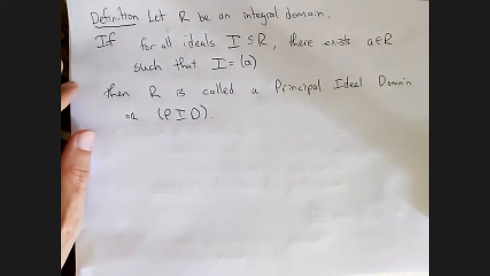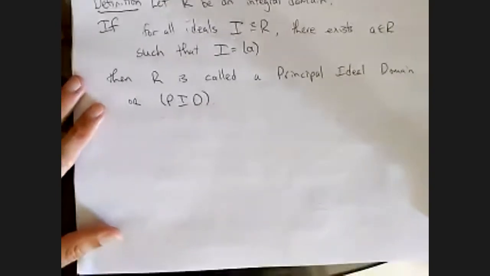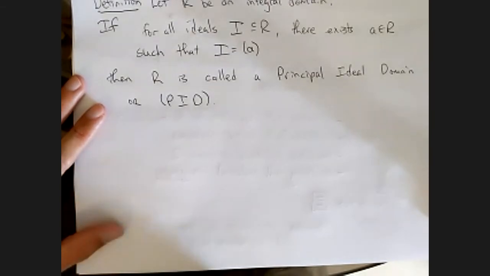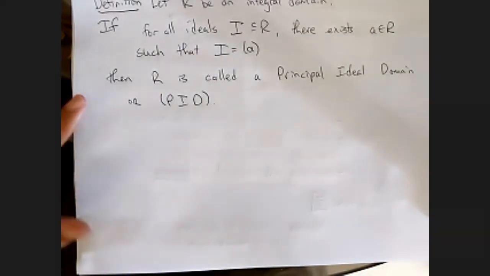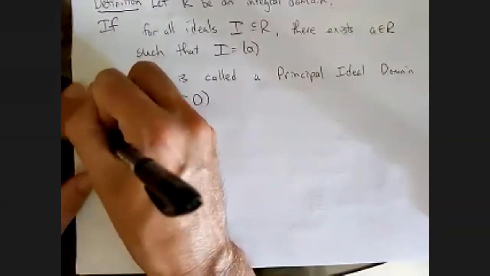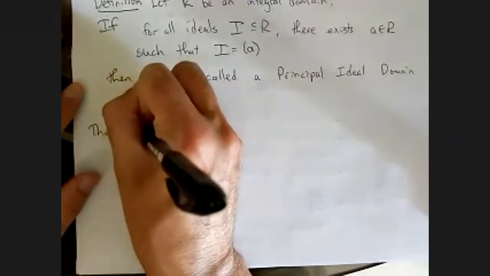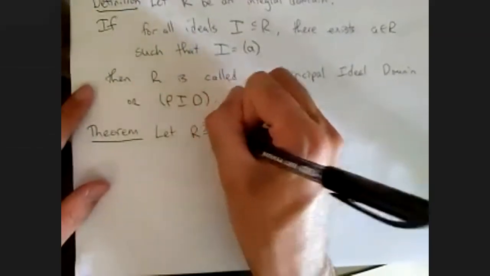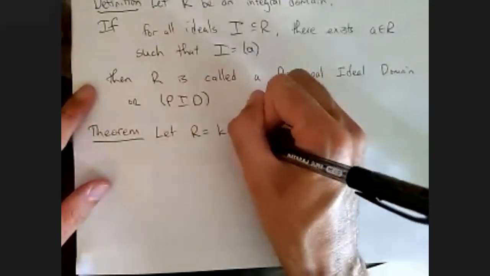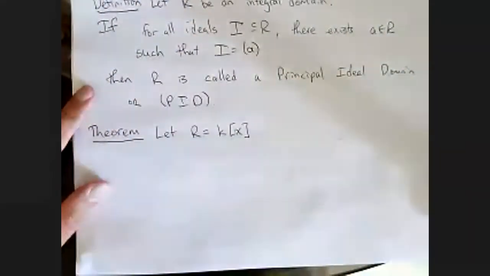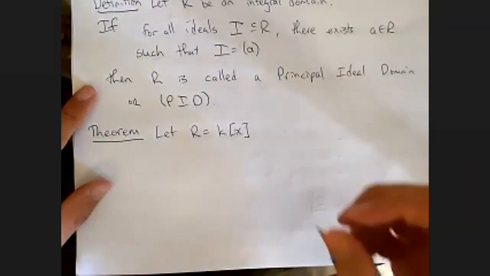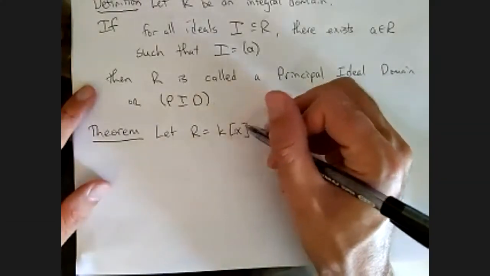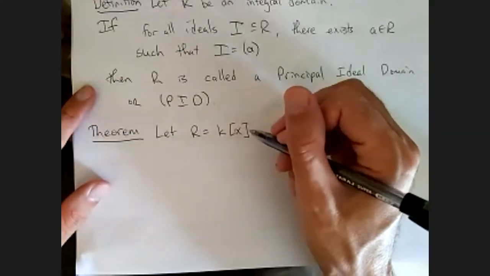As a consequence of having a division algorithm, we see that K[x] is a principal ideal domain. So let R be K[x], or actually you can do it more generally, if you can prove this for any ring which has a division algorithm.